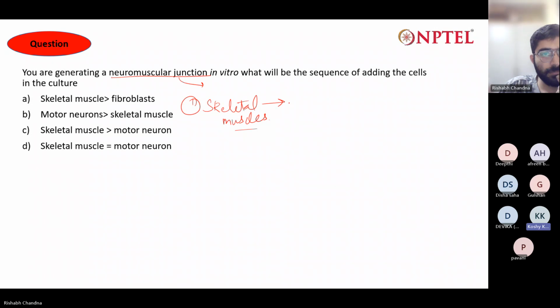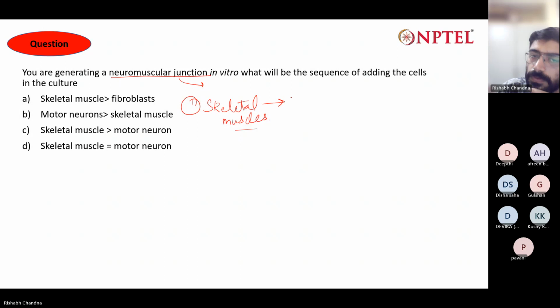Isolate the satellite cells. I'm asking about the timeline. When do we isolate the skeletal muscles or the satellite cells from the embryonic rat? Embryonic 7 or 8.